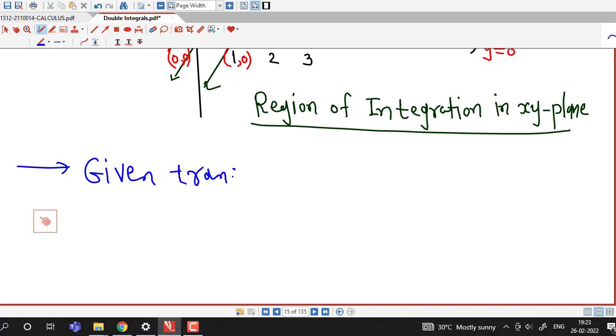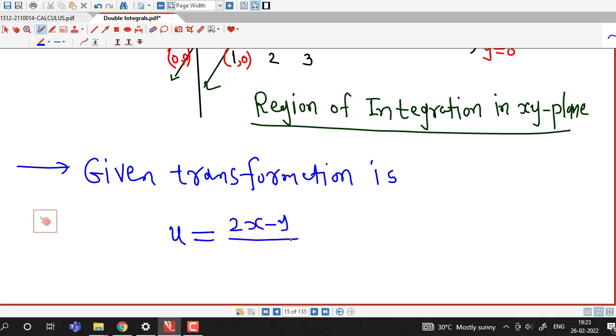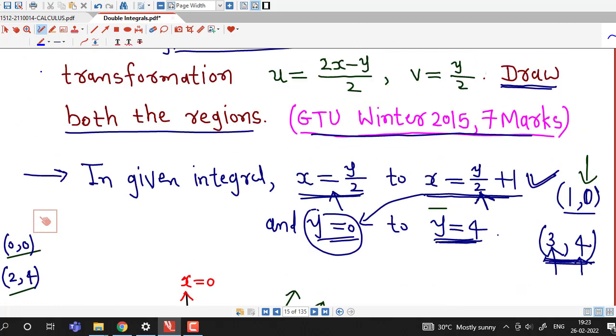The given transformation is: we are given that u is (2x minus y) divided by 2 and v equal to y by 2. Using this transformation we will decide the curves corresponding to all these curves.